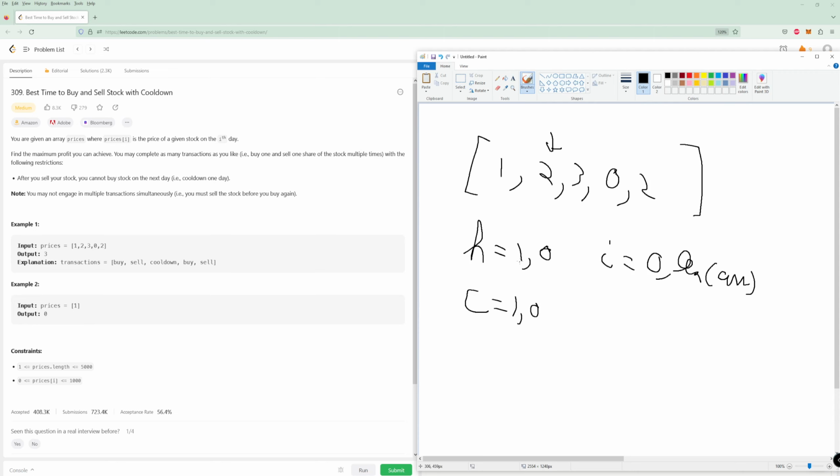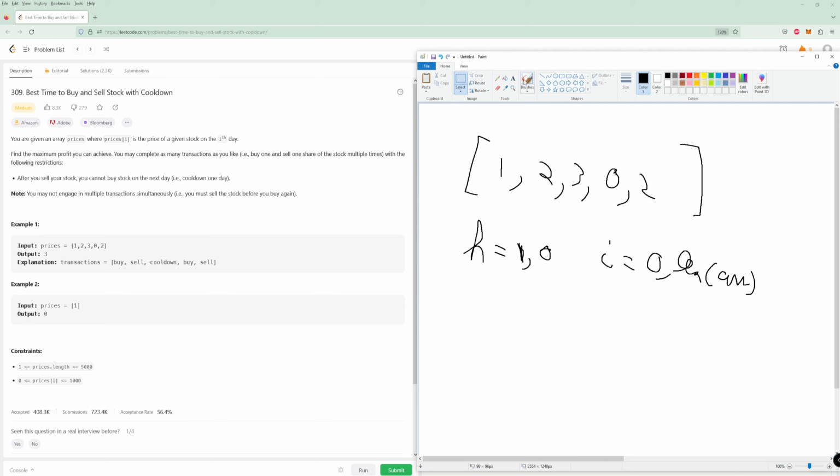It doesn't matter if we're holding stock for the cooldown because we can't buy after we sold. But actually, I think we can have a trick to avoid this cooldown variable. So let's just get rid of this.